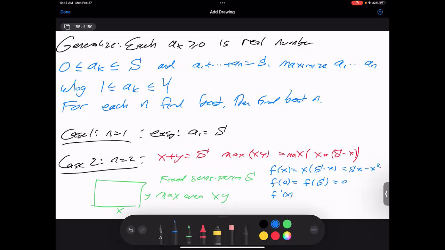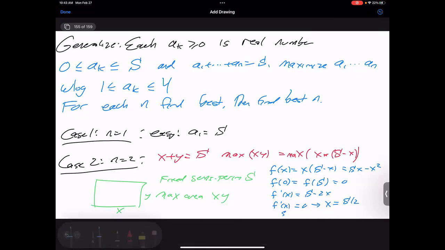The critical points, I solve f prime of x, which is just s minus 2x. f prime of x equals 0 implies x equals s over 2. f double prime is equal to -2, so this is a max. So when n equals 2, the best I can do is to take a square.